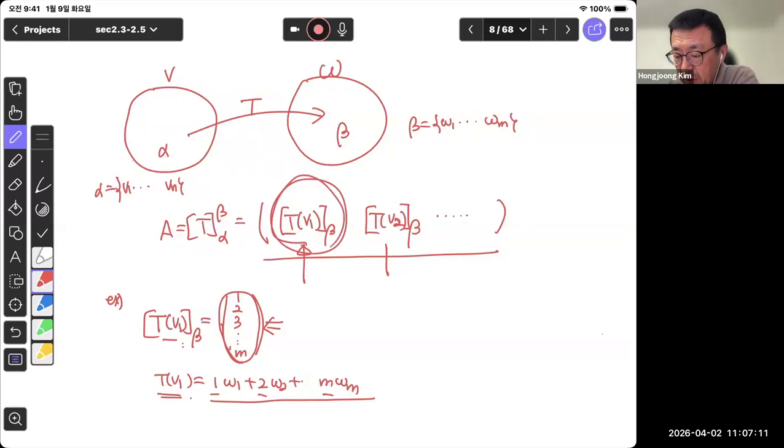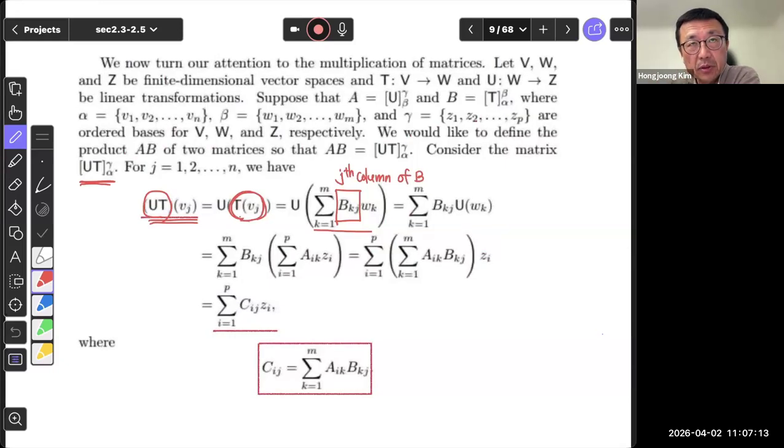Now, in this case, I am considering the image of T of Vj, and B is the matrix representing this T. So T of Vj can be constructed as a linear combination of the bases using the jth column of the B matrix. So that's why we have this linear combination of bases, the beta.